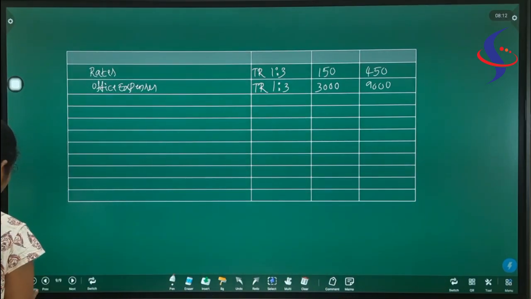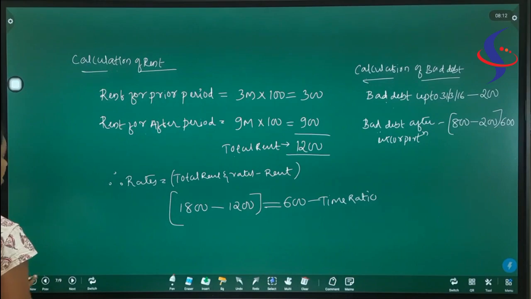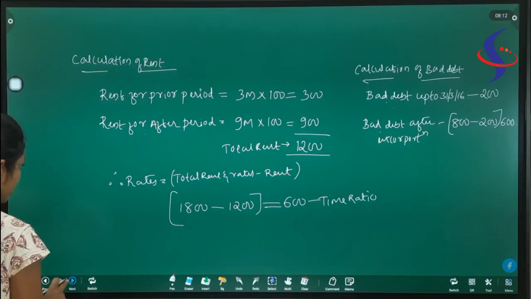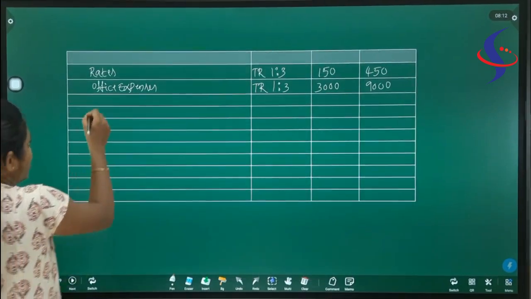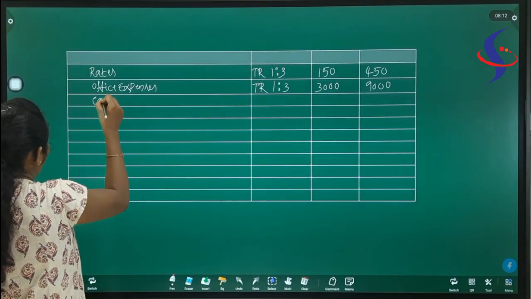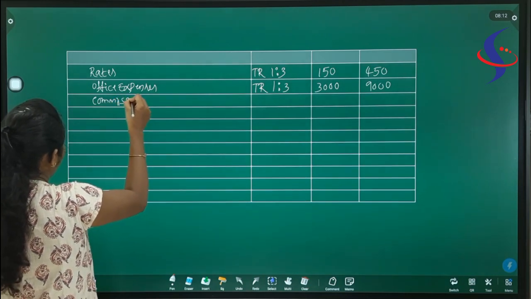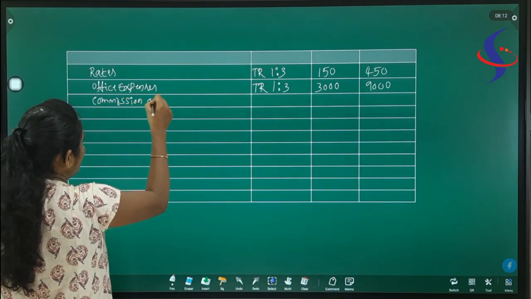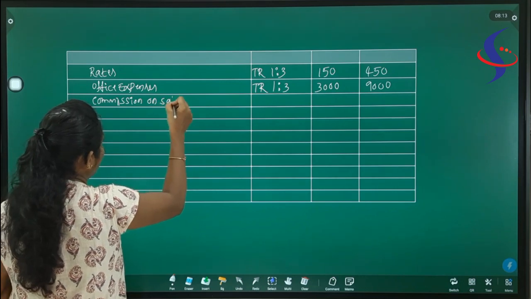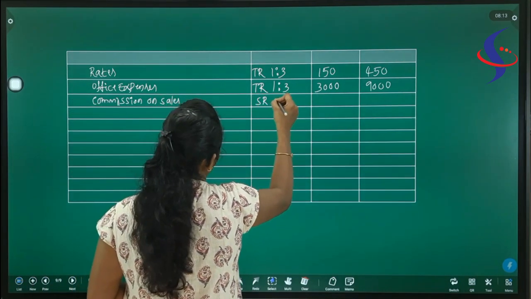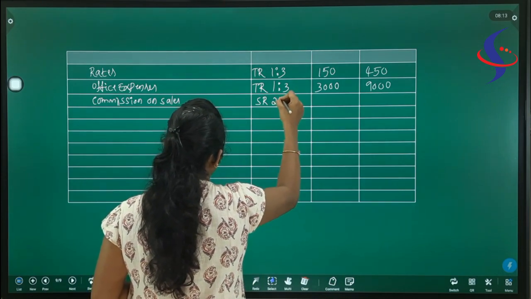Then after this, we are left with a few more points. Commission on sales. What is the amount of commission on sales? 5,000. On what basis should we divide commission on sales? See, there is the word sales. It means the more sales you do, the more your commission will be. Commission on sales we should always divide using sales ratio. What is your sales ratio? It was 2 is to 3, right?